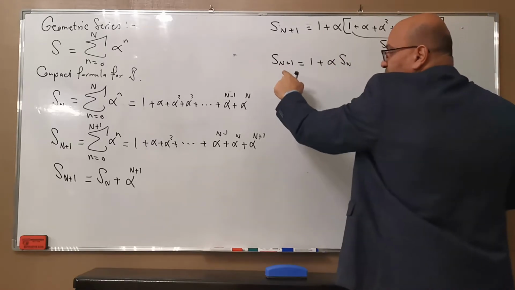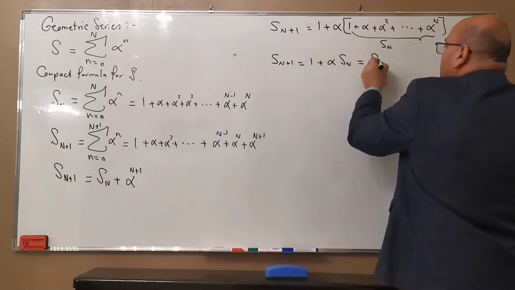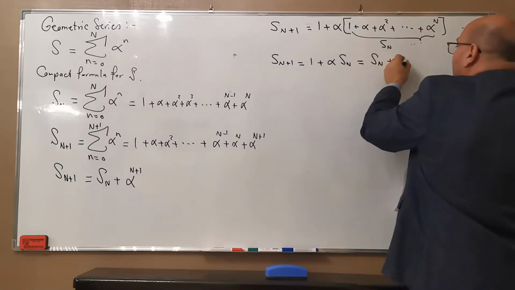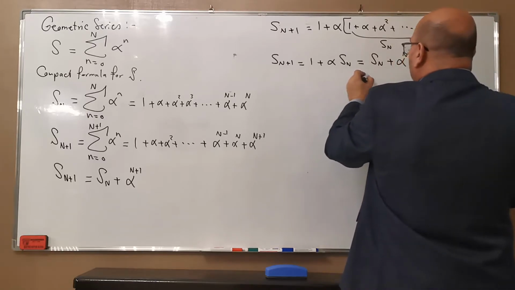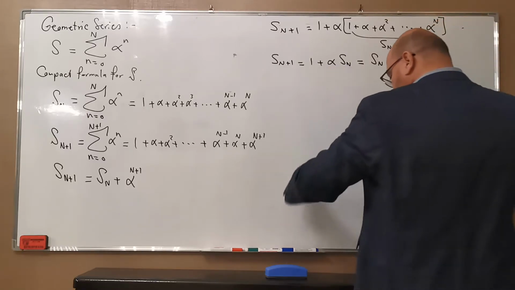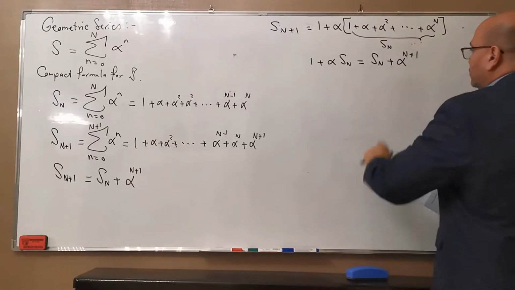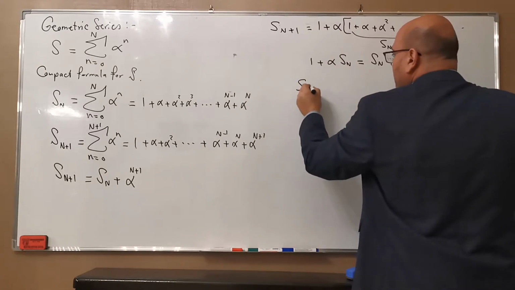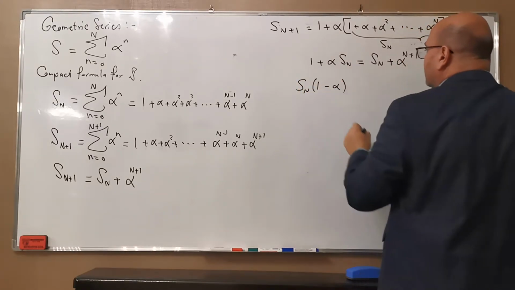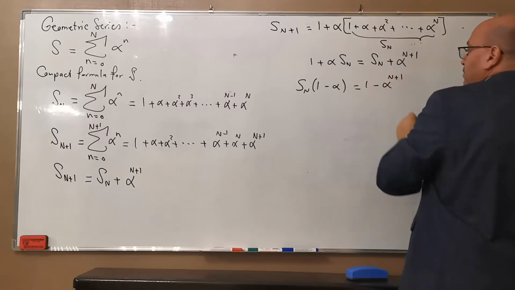Now, S sub n plus 1 is also equal to S sub n plus alpha to the power n plus 1. We cancel this one now, and take S sub n as a common factor: S sub n times 1 minus alpha equals 1 minus alpha to the n plus 1.